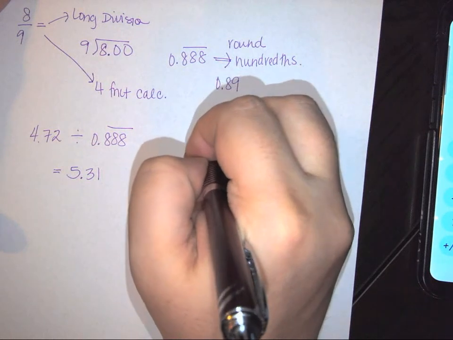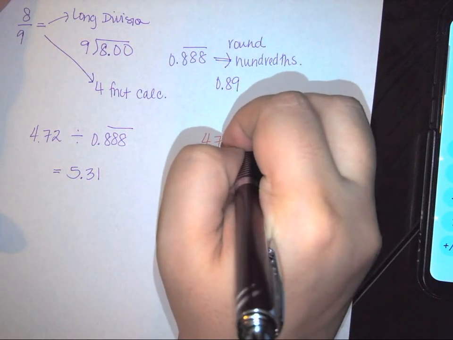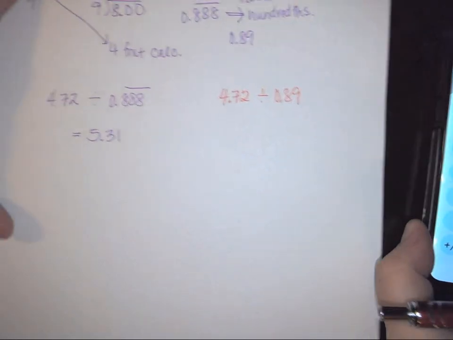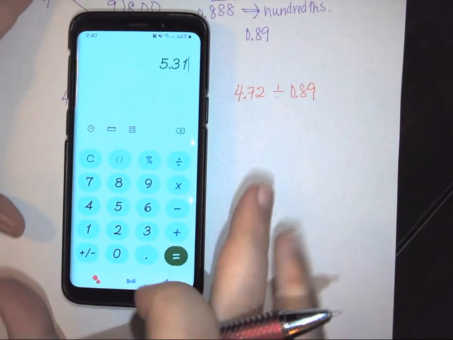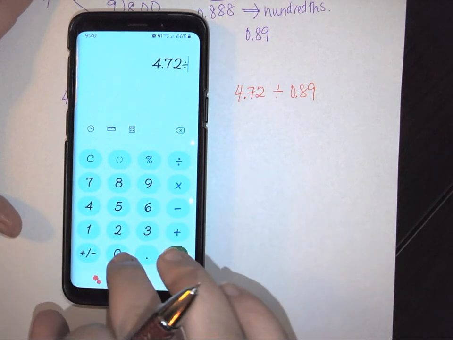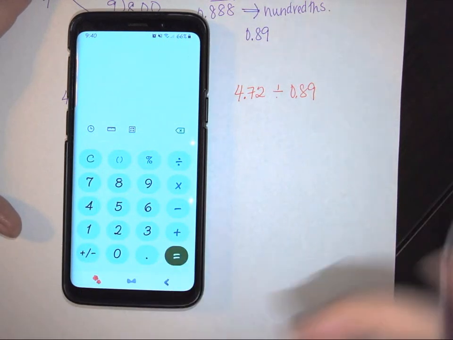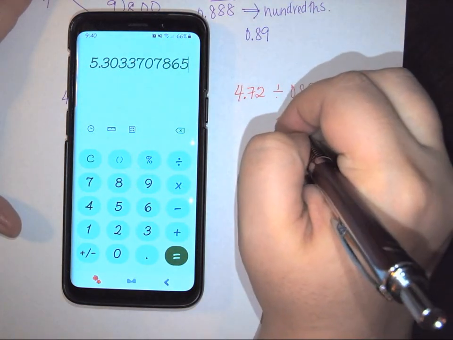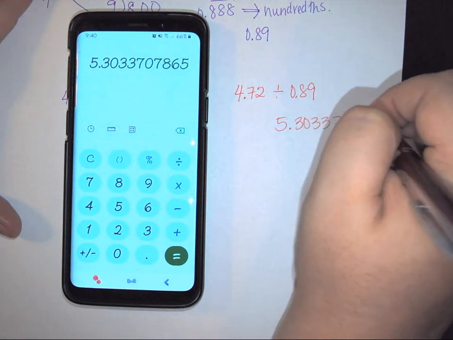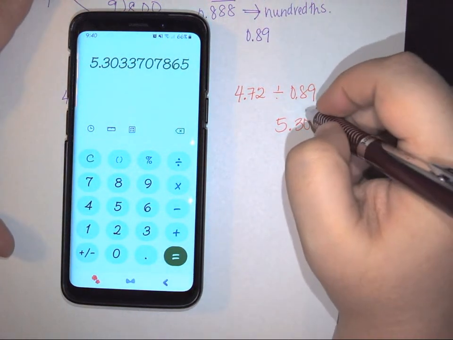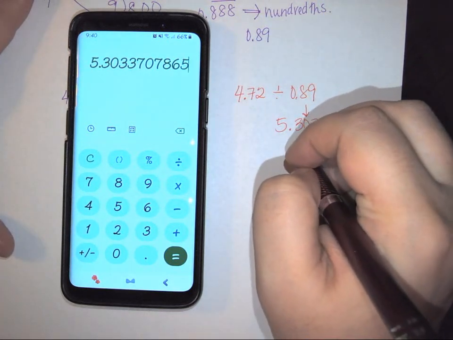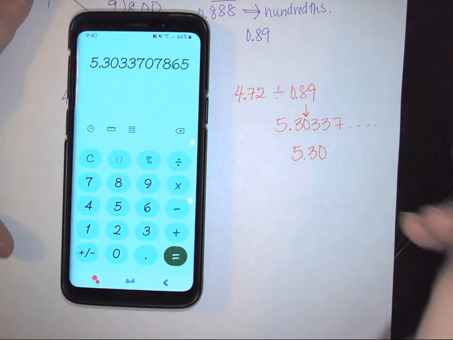If I have 4.72 and I divide that by 0.89, what do I get? So let's look at it. I have 4.72 divided by 0.89, and in this case I get 5.30337, and again I want to round to the hundredths place, which is this one here, so this becomes 5.30.